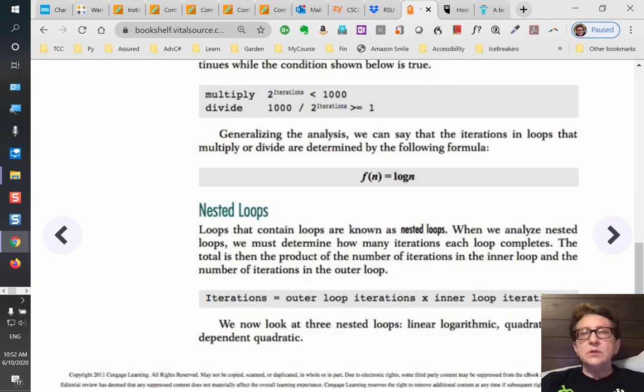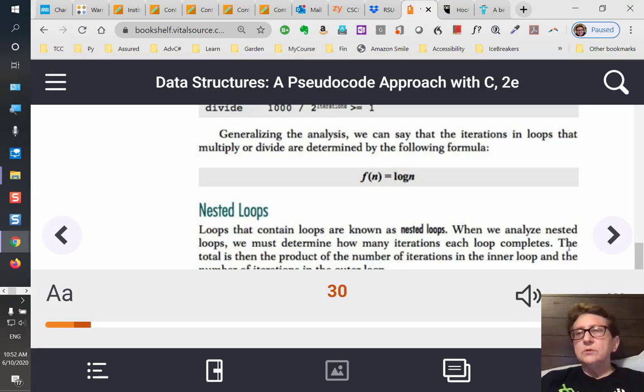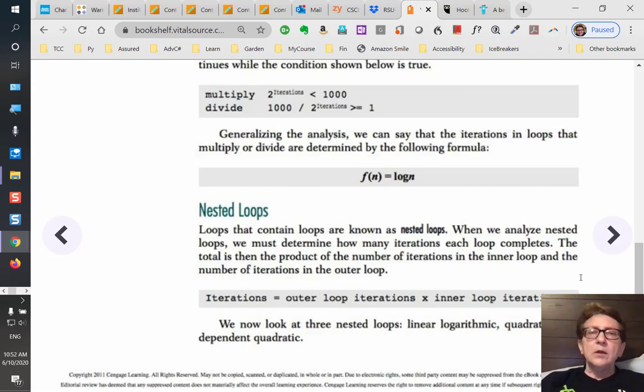If we have nested loops, then the number of iterations of the body is going to be the outer number of iterations times the inner number of iterations. So if you've got the inner going on I times and the outer going on j times, it's going to be I times j total iterations. If they were both n, you would have n times n, or n squared.